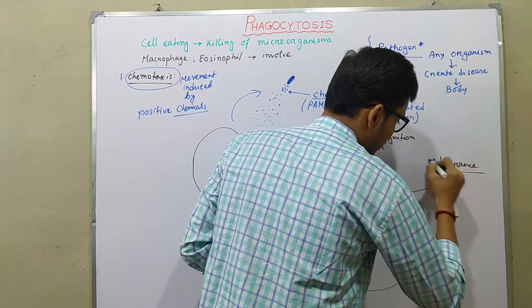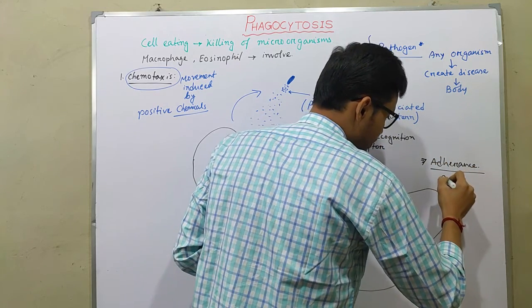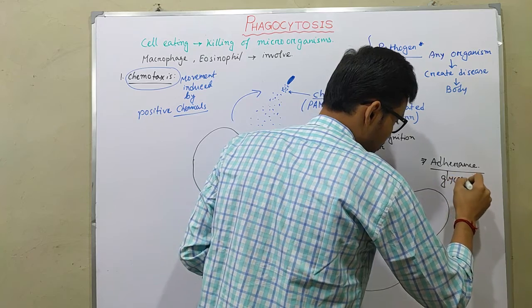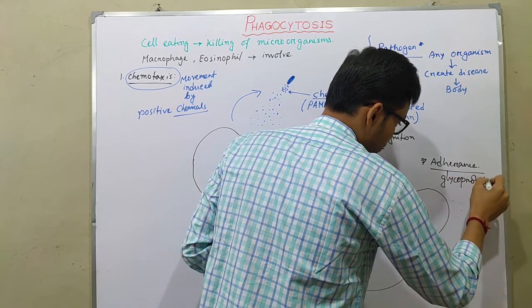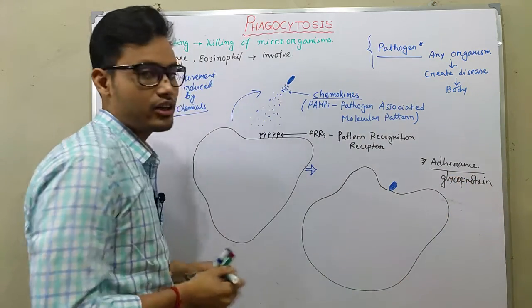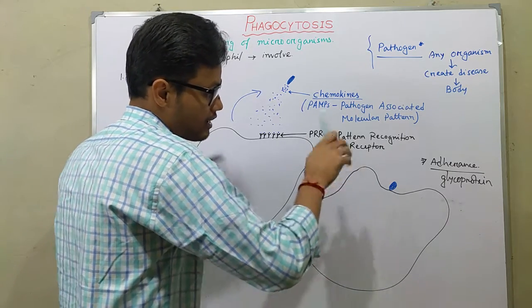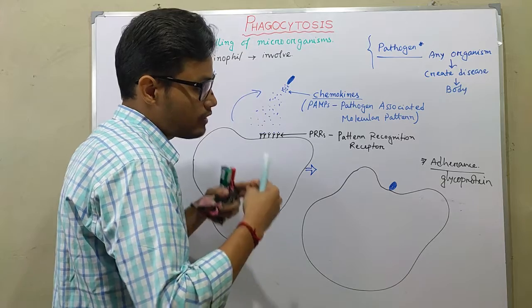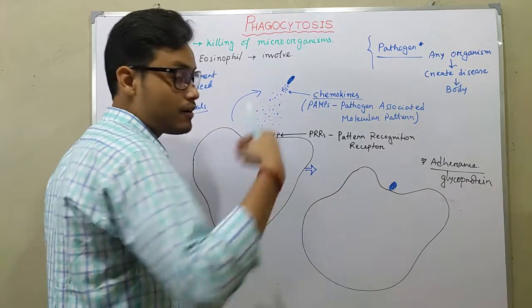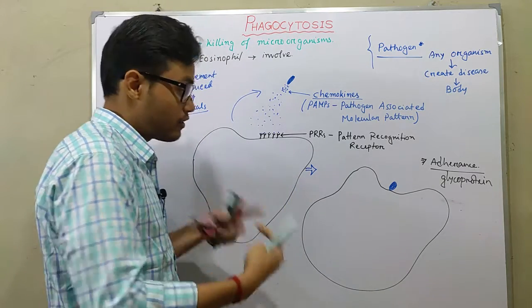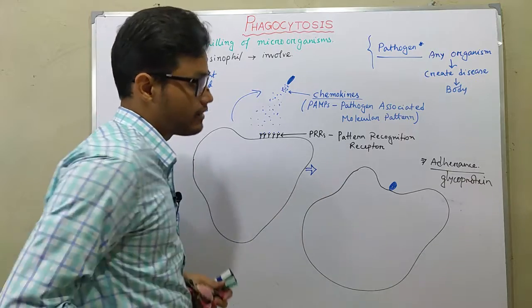Adherence is mainly done by glycoproteins. Specific interaction of glycoproteins of microorganisms and macrophages takes place, and they attach together, and this attachment of microorganisms with the macrophages is known as adherence.